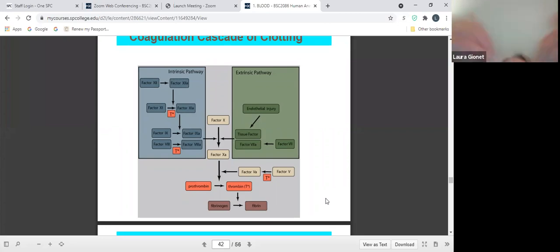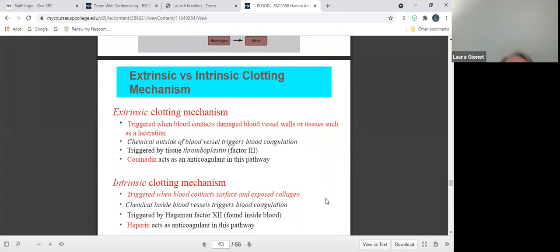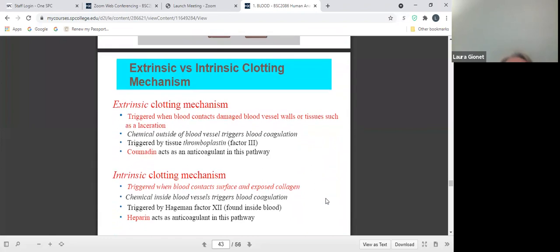They both join in the center here with factor 10 as the common pathway, and then they follow the same cascade of reactions until finally, just like we did before, we release plasmin and break down those clots.